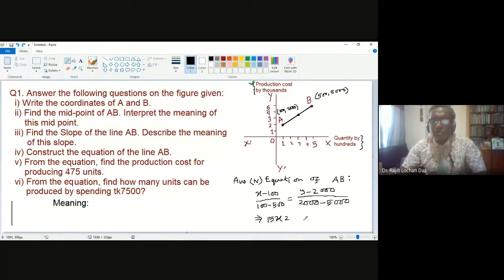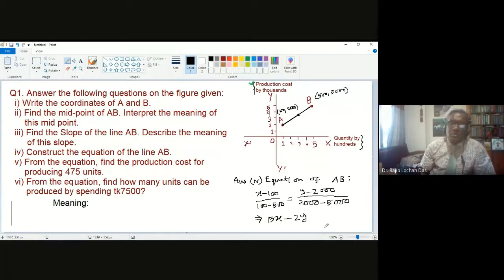Do you agree with me? 15x minus 2y will come. Do the calculation and let me know the answer. 15x minus 2y and then the number. So what is the number? 1500 and 4000 minus.